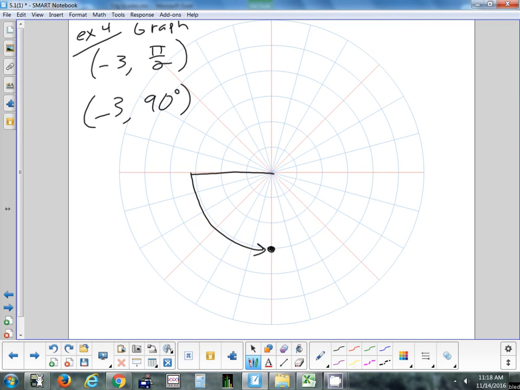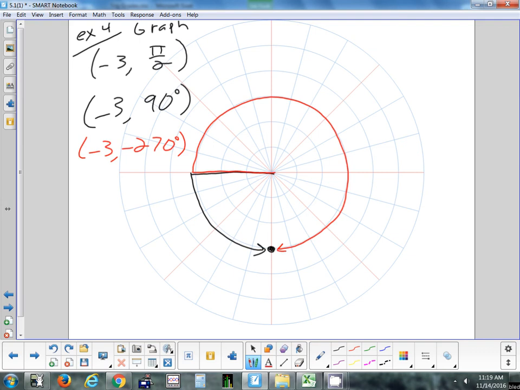Yeah, John? -3, -270. Let's check. Okay, so if I go -3, still bringing me to the left 3. But now -270 means to go clockwise, and 270 is 3/4 of the way around. So now he's going this way. Yep, perfect.